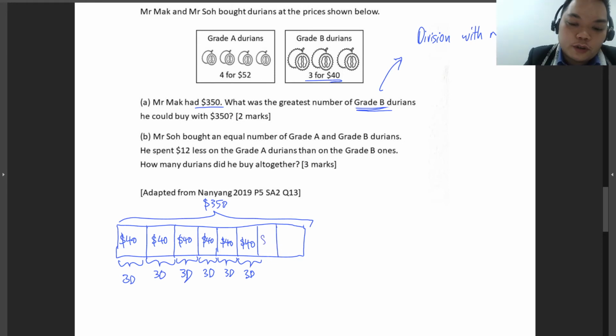So another $40 here gives you $280, and another $40 here will give you another 3 durians. So you see that the last portion here would only be $30 remaining. You cannot buy the grade B durians anymore, and therefore we can consider this amount here.